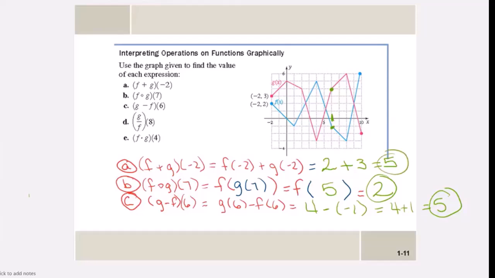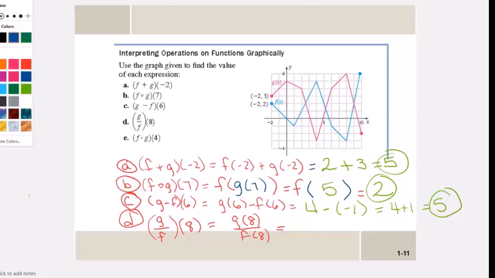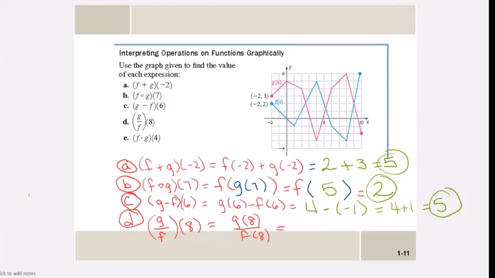Okay. D, we have g over f of 8, which is the same as g of 8 over f of 8. Now, let me erase these points. G of 8, there's 5, 6, 7, 8. This point right here is 8.